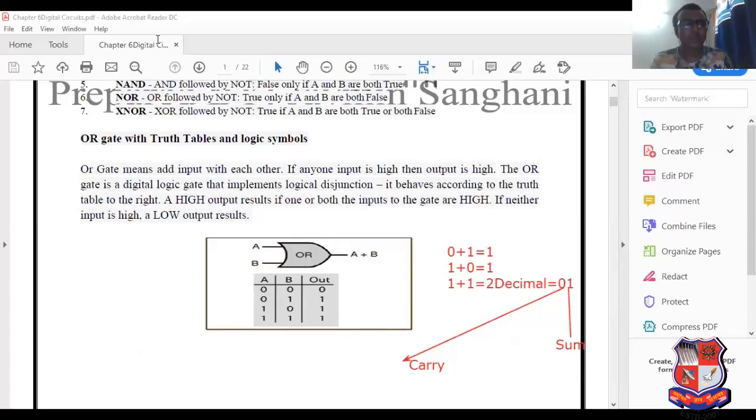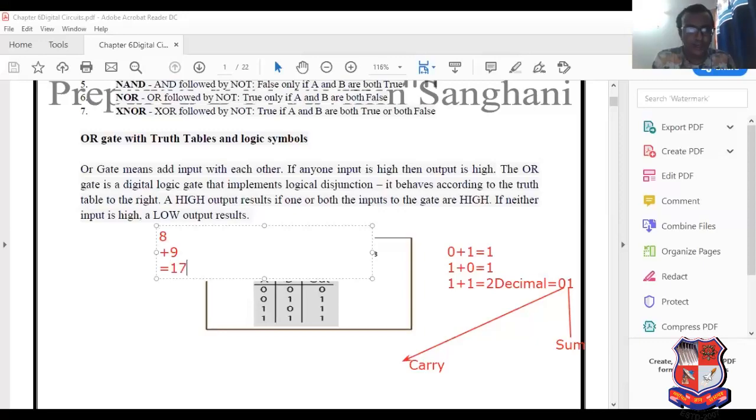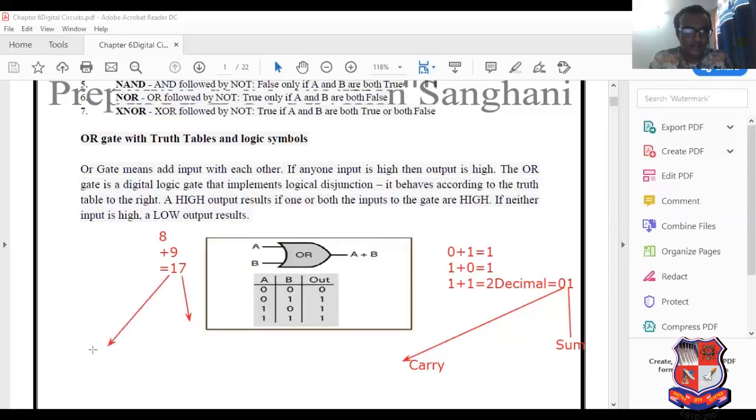Again, what is the meaning of carry? If 8 plus 9 equal to 17, then in 17, 7 is the regular number and 1 is known as carry, that can be forwarded to the next term.